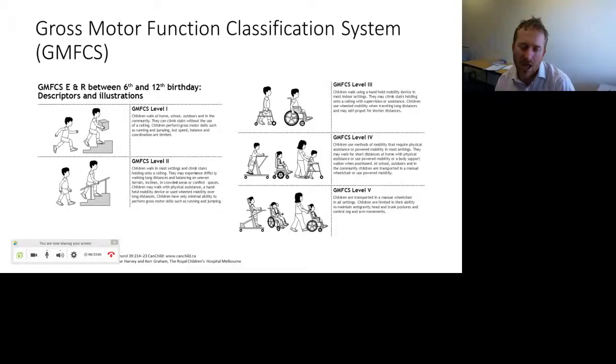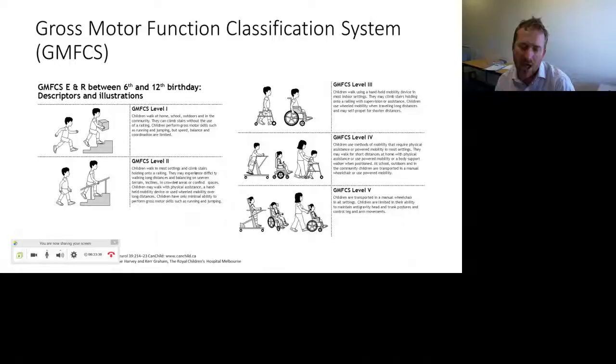Again, the descriptions we have here are for children who are between their 6th and 12th birthdays. I've not shown you, but they're available through the website that I've shown on the slide here, that there are descriptions for children less than 6 years, and for children who are between 12 and 18 years. And indeed, these classifications probably remain consistent through adulthood as well, or at least early adulthood.